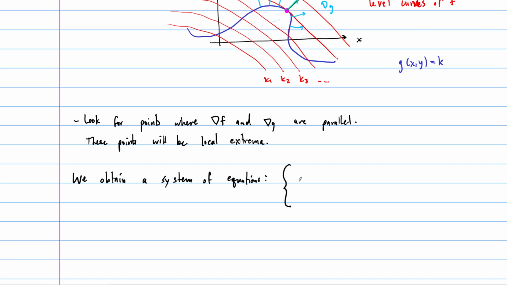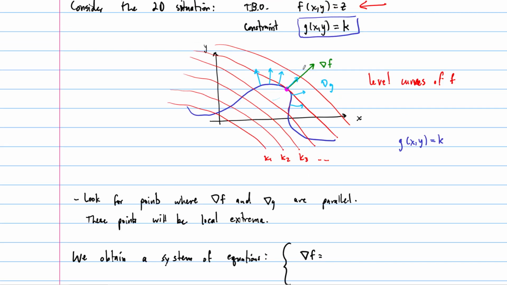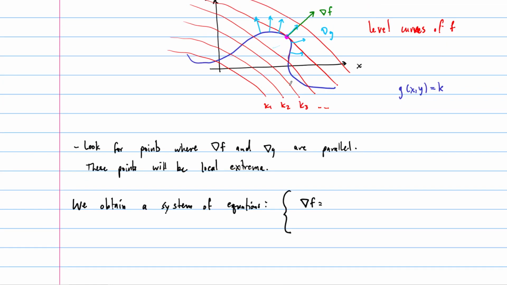I'm going to write it two different ways. So on one hand, we have our gradient of f should be equal to, notice that the gradient vectors are not equal to each other, right? They are in the same direction. So that means that one of them, say the green one, is a scalar multiple of the other one, say the blue one in this case. So in other words, the gradient of f is equal to some constant times the gradient of g.